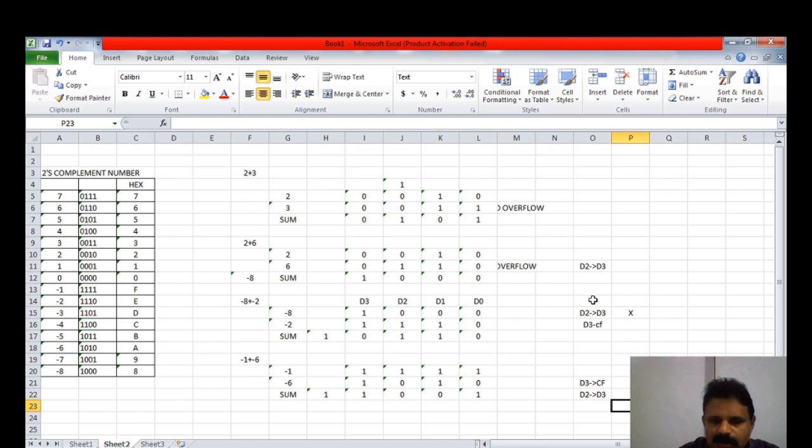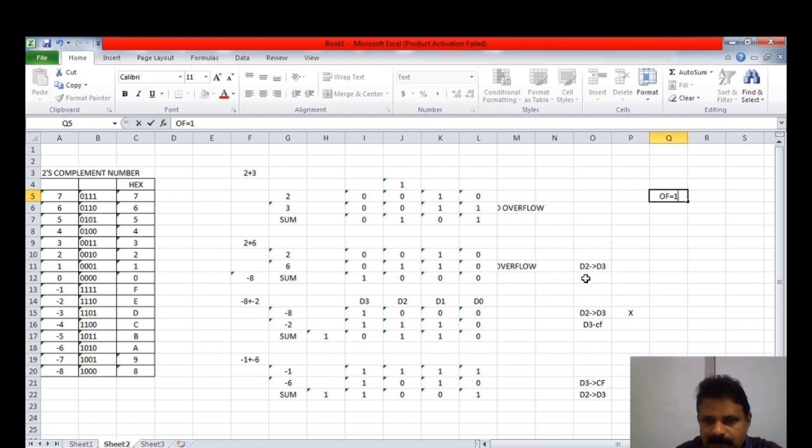So in what condition does overflow occur, or the overflow flag will set? The overflow flag is used to indicate a wrong answer in the case of signed numbers. So in what case will the overflow flag, OF equal to 1, be set?